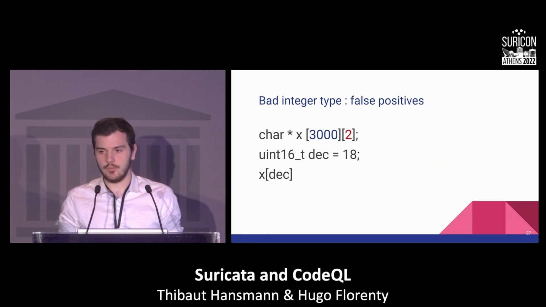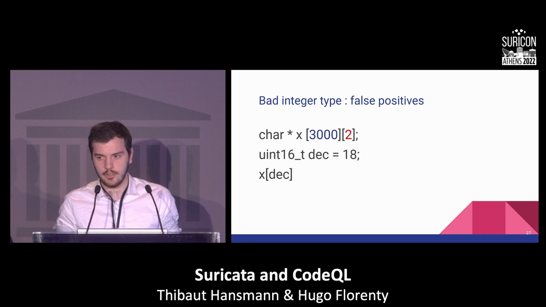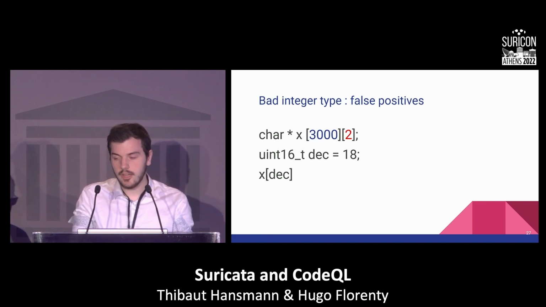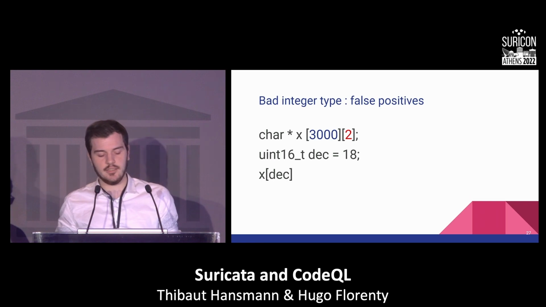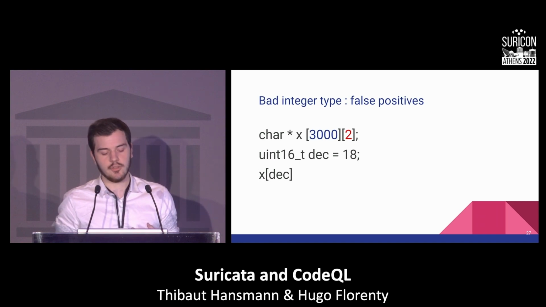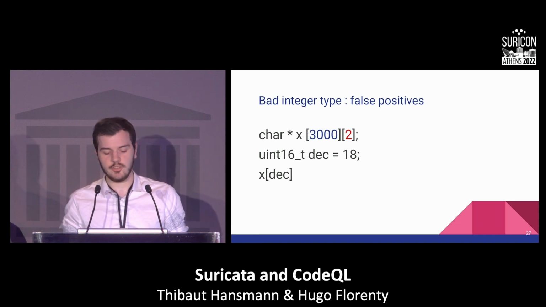Most of the false positives we had were on two-dimensional variables. Here the query thought that we are accessing the second part and not the first one, so it didn't think that the uint16 was useful.